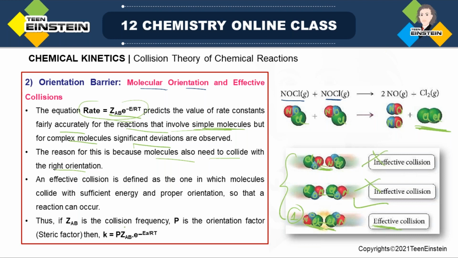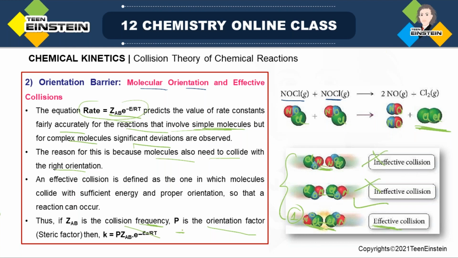Now ZAB is the collision frequency, and we introduce another term P, which is known as the orientation factor. Why are we adding this new term? Because we have seen from the picture that not just any orientation is perfect. Out of 3 orientations, only one is fine. That means 1/3 of the total collisions is important, not the other 2. The other 2 are ineffective.